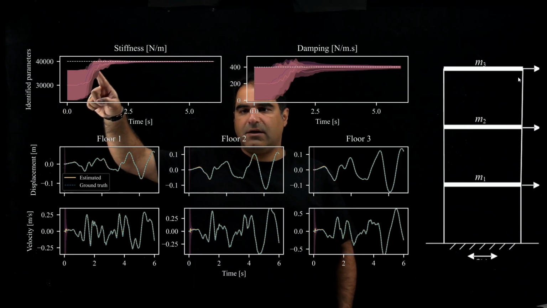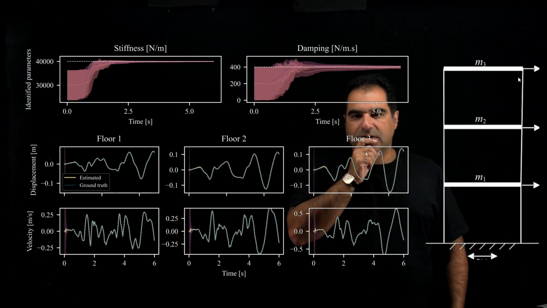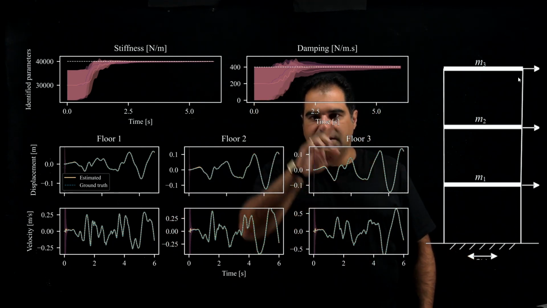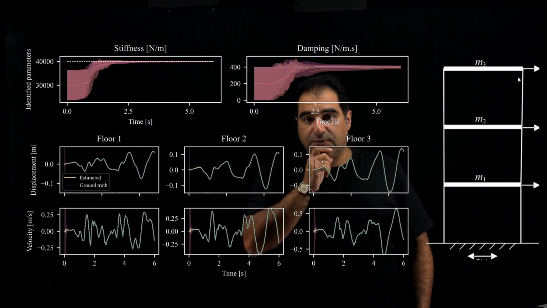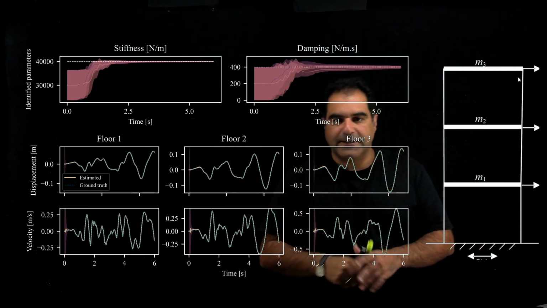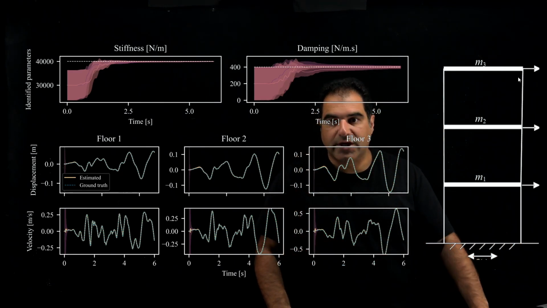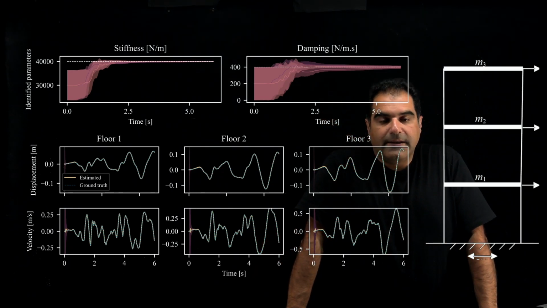And you see, Unscented Kalman Filter was able to catch the ground truth. And for damping values, I started with the initial value of 200, and you see the mean value of the estimated, the identified damping value. And you see the Unscented Kalman Filter was able to catch the ground truth for damping value as well, assuming we don't know the measurement in the second floor.